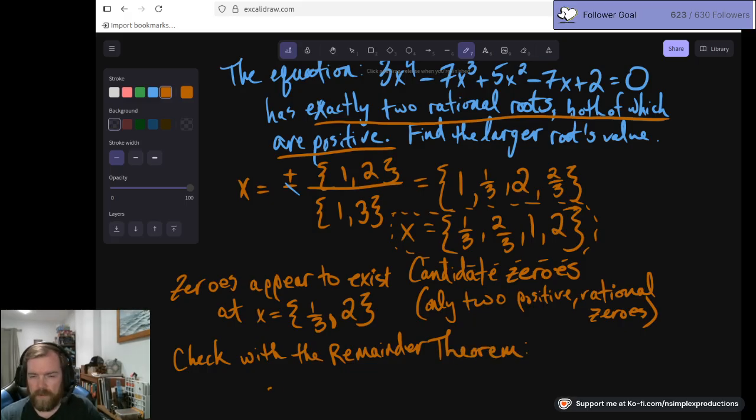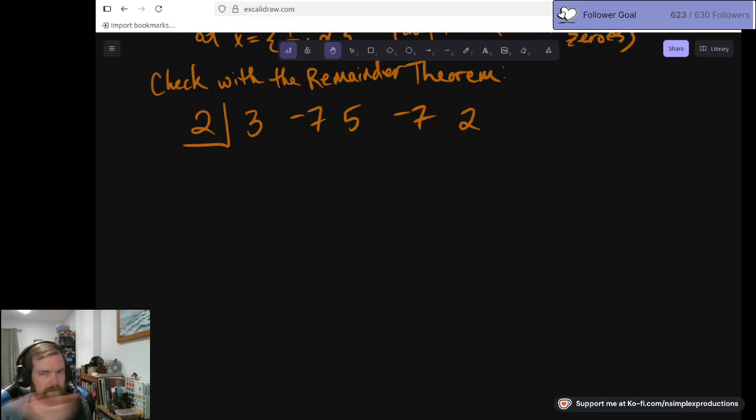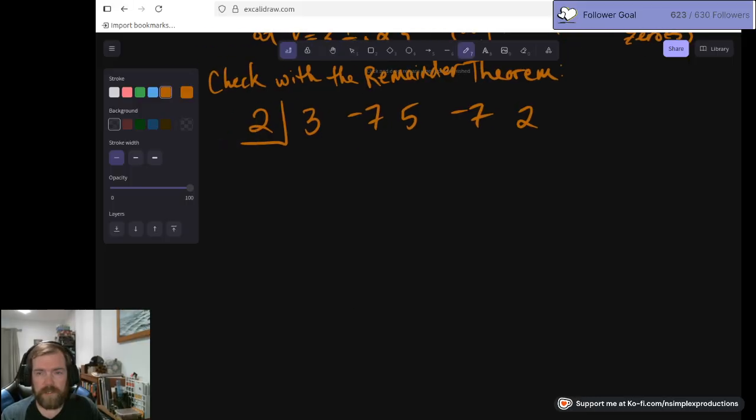So here we're going to do 3, -7, 5, -7, 2. Let's check 2 first. Oftentimes if you've got whole numbers in here, it's pretty good to keep it as whole numbers.